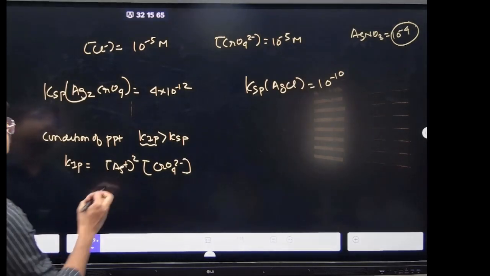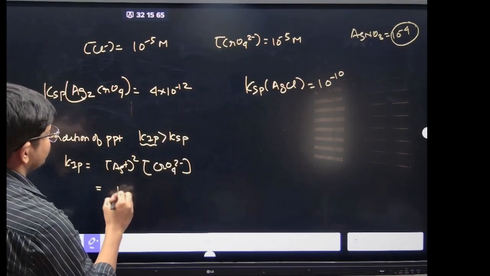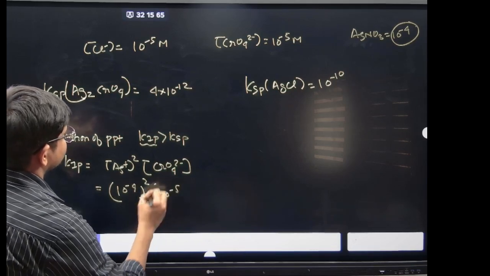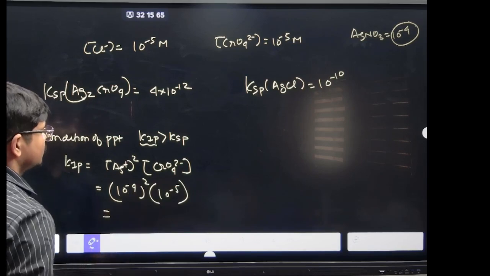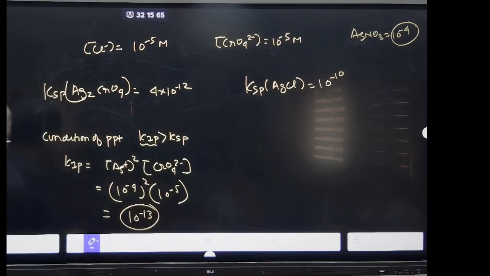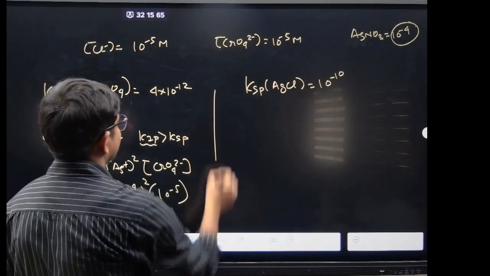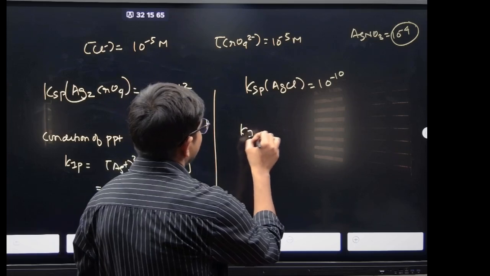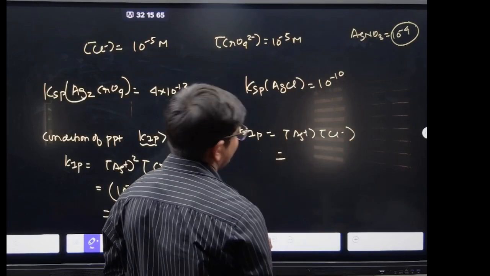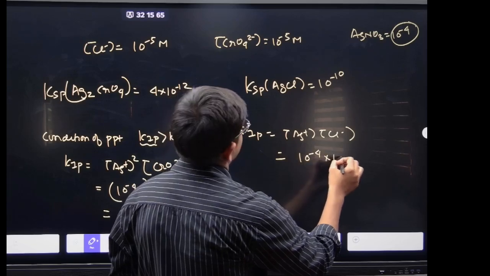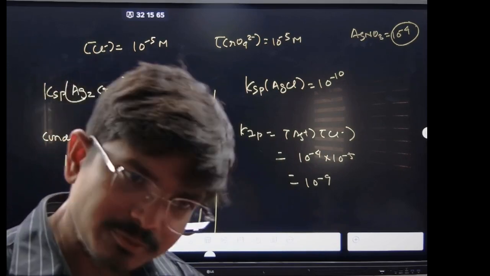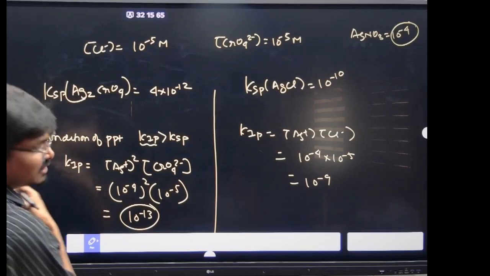So what will come? 10 to the power minus 4 whole squared times 10 to the power minus 5, so it comes to 10 to the power minus 13. Clear? Now for this one, KIP will be the concentration of Ag plus times the concentration of Cl minus, which equals 10 to the power minus 4 into 10 to the power minus 5, that is 10 to the power minus 9, which means KIP is greater than KSP. Here KIP is lesser than KSP.